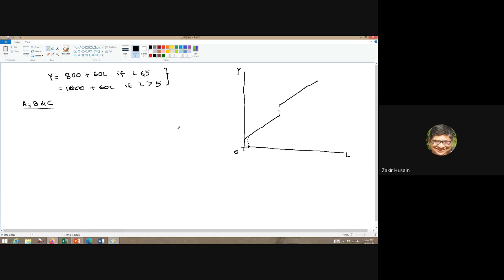Okay. So one possibility is he doesn't do any work. He just takes the last day off. In that case, his income will be over here. It is also possible that A works more, puts in extra effort so that sales increase.